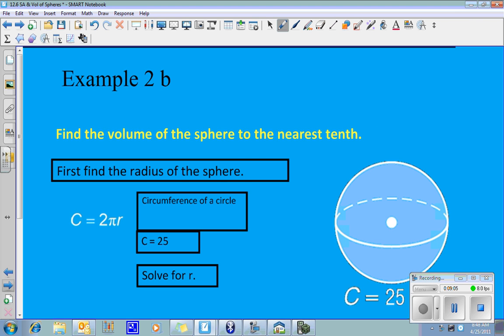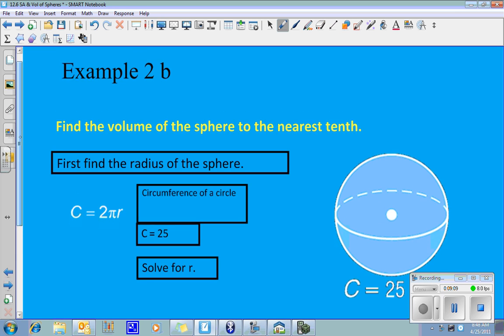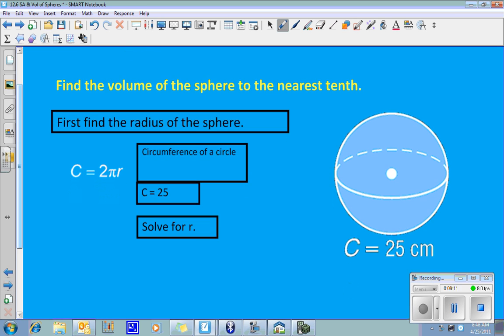All right, so 2b, we have the circumference equals 25. Same thing as what we did before, we're finding the radius. You've got to substitute in 25 for your circumference and divide by 2 pi. The reason we divide by 2 pi is because we want to cancel out the 2 pi that's beside the r. And they cancel out. Whatever you do to one side, you've got to do to the other.